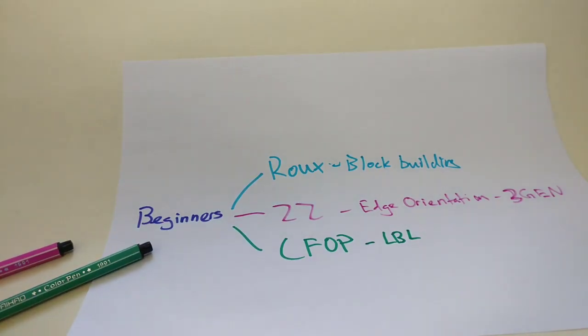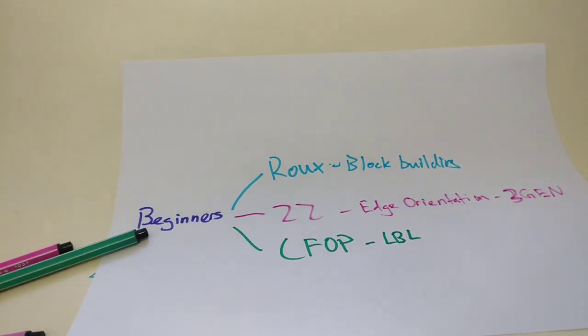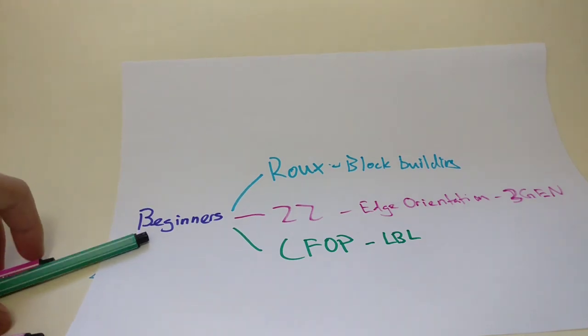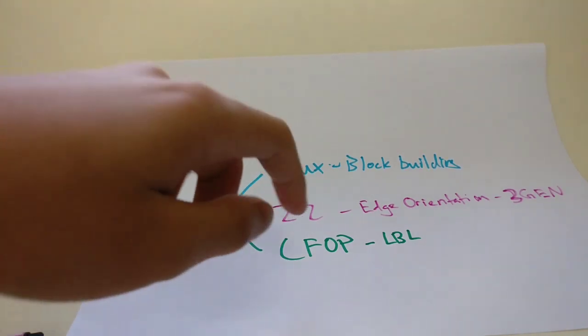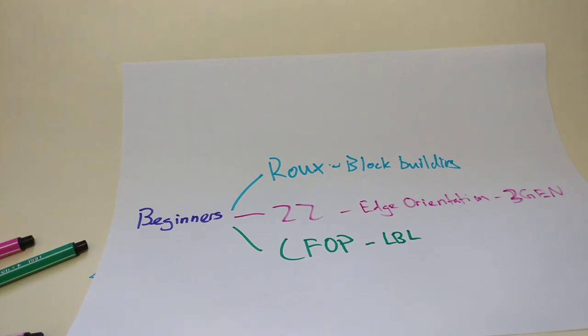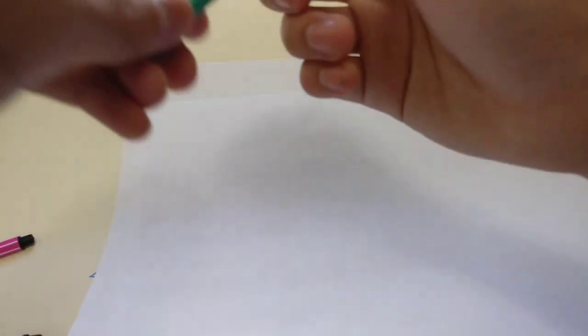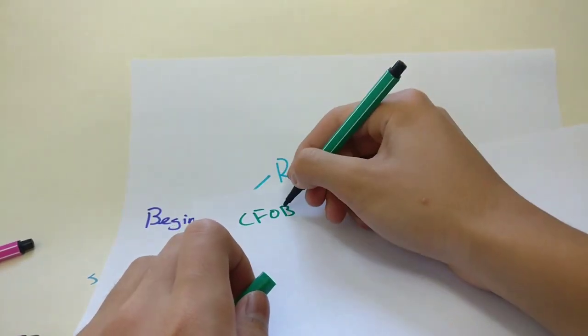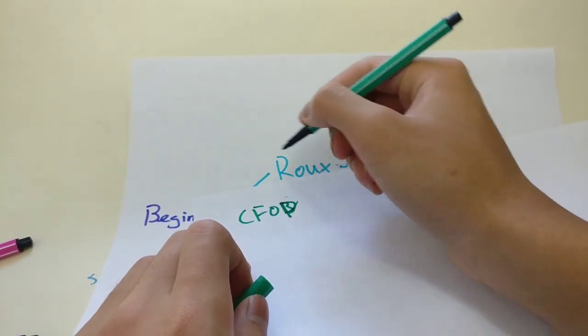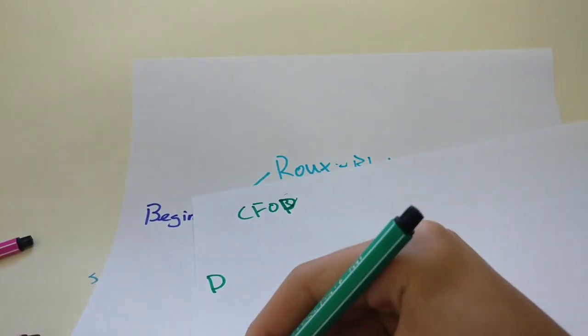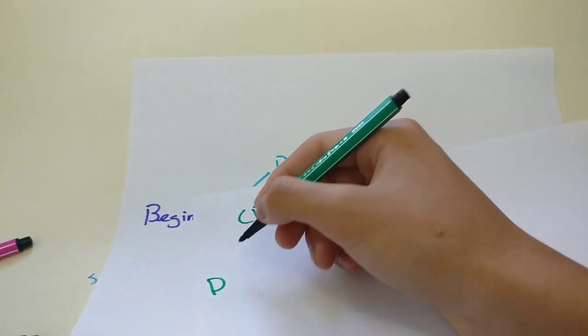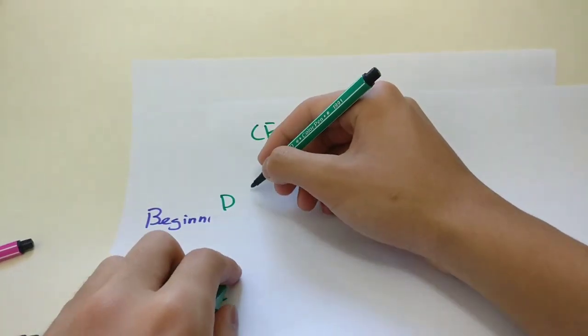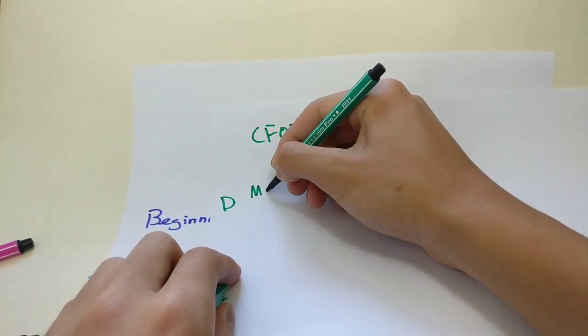So I'll just get a replacement for that really bad pink pen. So basically, there are many different pros and cons of each method. So like with CFOP, let me get another sheet of paper out. I spelled CFOP wrong. Oh well, that's a P. So the good things about CFOP is that it's very developed and many people use it.